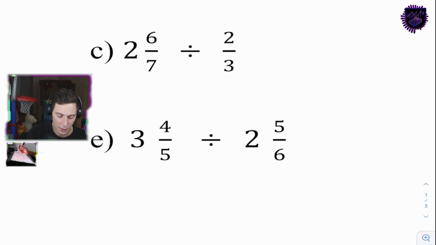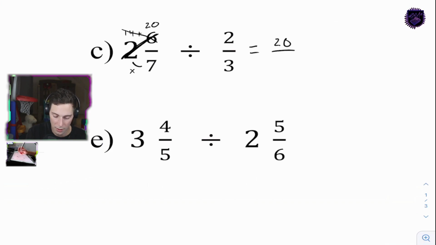Let's go C. 4C. So now we're doing the mixed number in the front. 2 times 7, that's going to be 14, plus 6, that's 20. We're going to have 20 sevenths divided by 2/3, which is going to be equal to 20 sevenths multiplied by 3 halves.